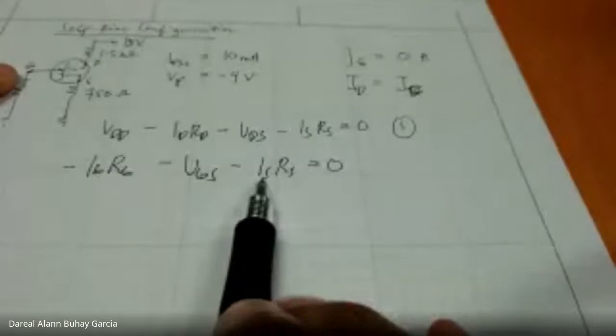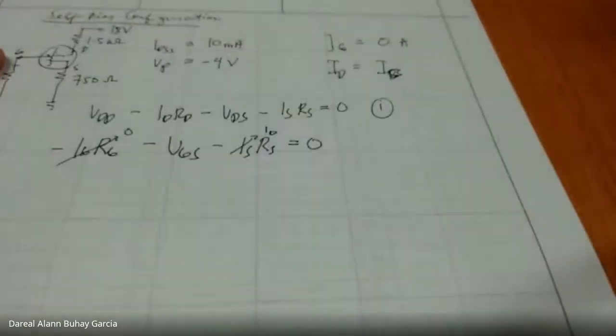But IS is equal to ID. And IGRG is equal to 0. So VGS is negative IDRS.